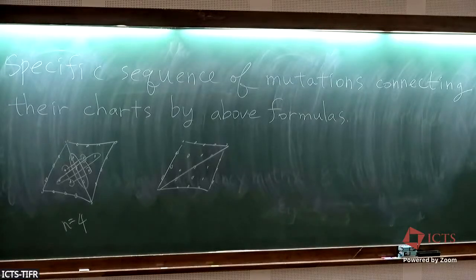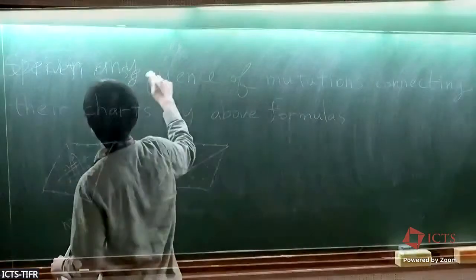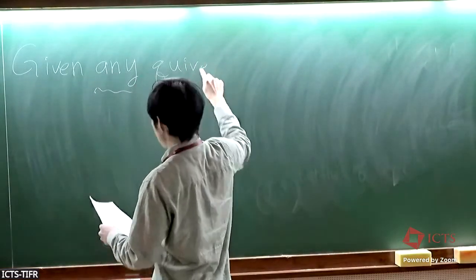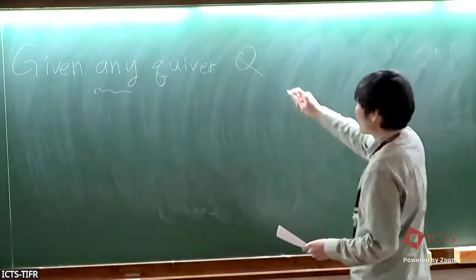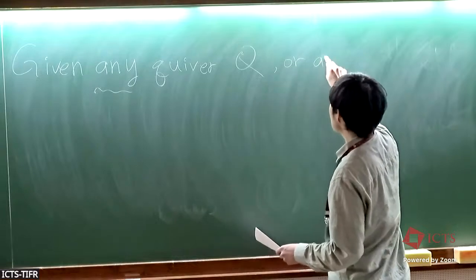So let me try to do it now. Conversely, given any quiver that you like, with a finite number of vertices, or equivalently, you can just start with any skew-symmetric integer matrix.